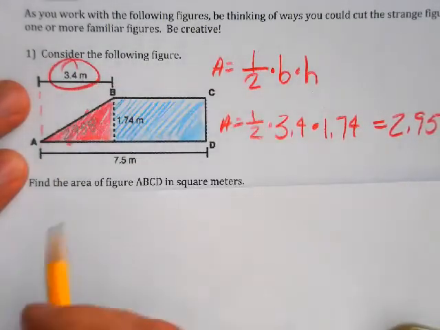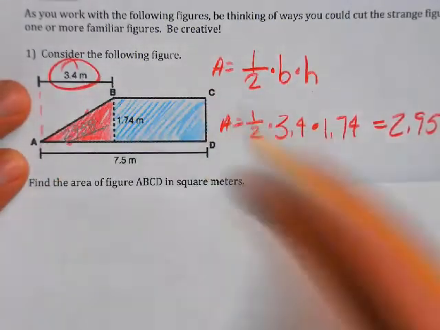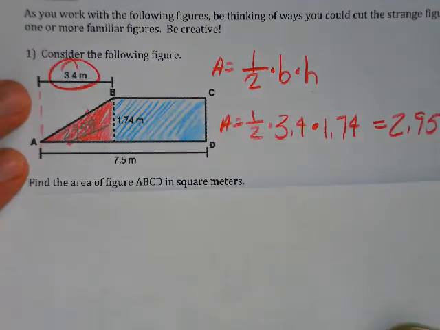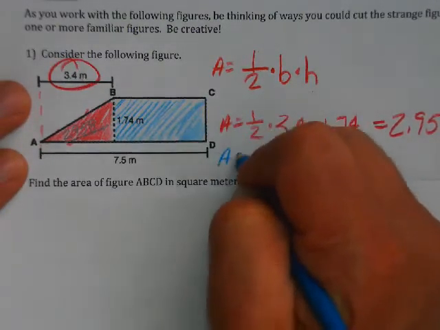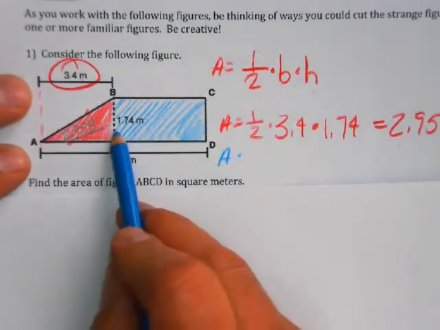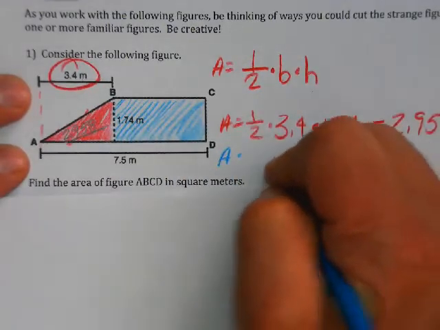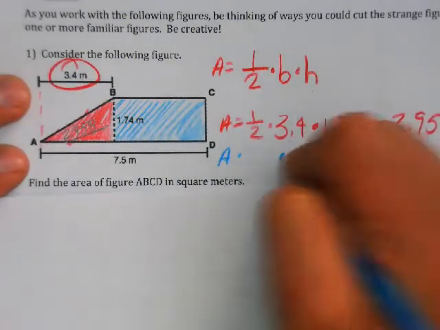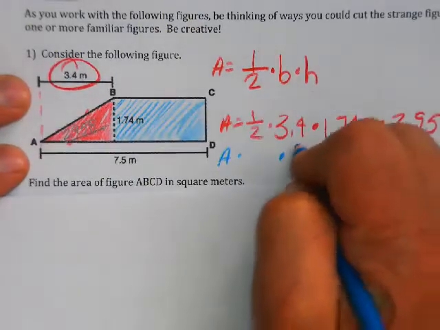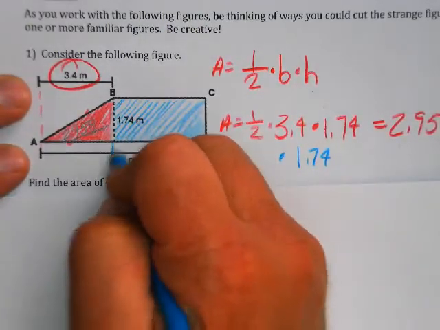So we've got 3.4 times 1.74 equals that, and we're going to multiply that by 0.5, which is 1/2, and we got 2.958 for the red part, equals 2.958. And these are meters, so those are going to be meters squared.